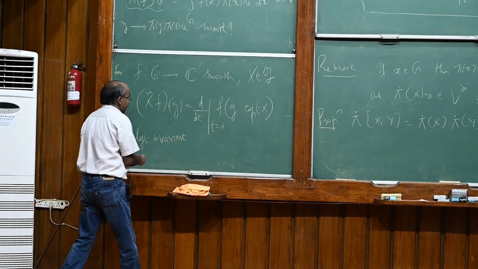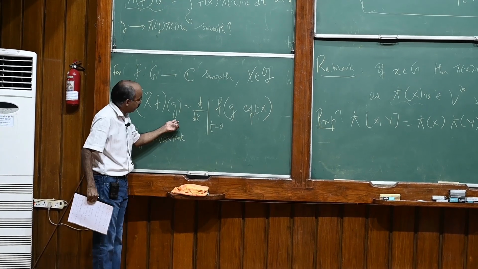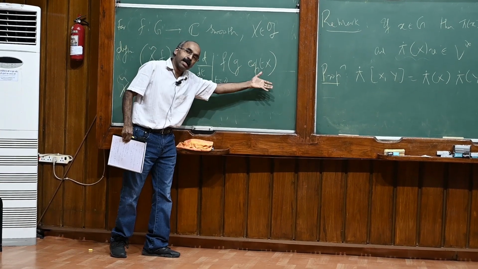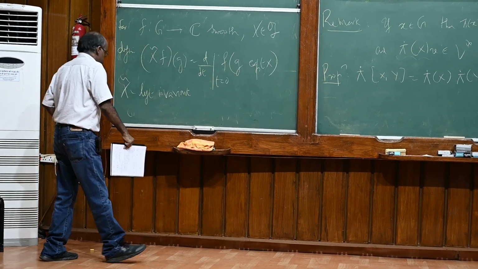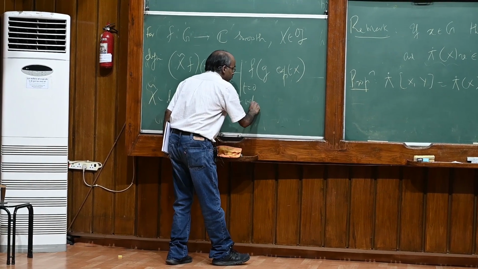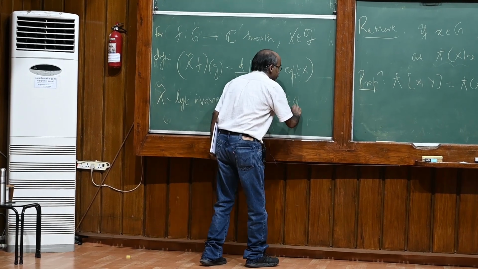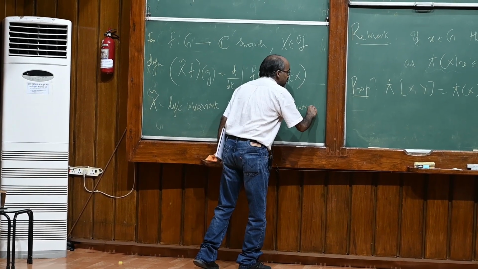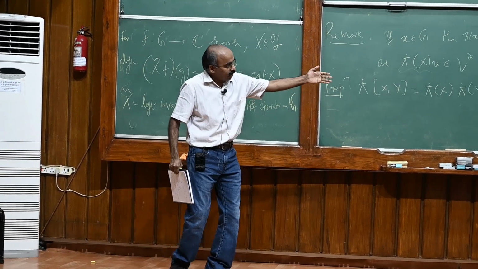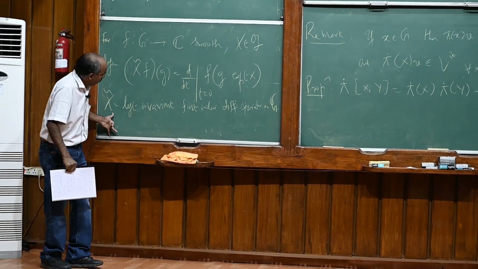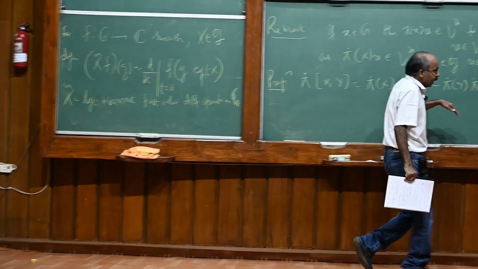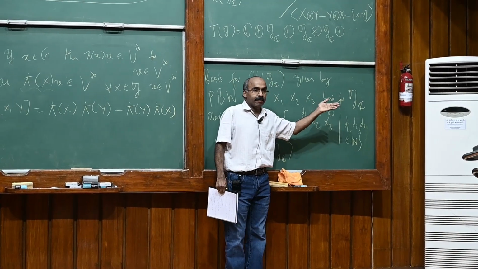So x tilde is a first order differential operator which is left invariant. Left invariant means invariant with respect to the left translations. If I change g to, let's say, hg, that's not going to change. It's like the usual partial derivatives. So the left invariant first order differential operators on G. The x1, x2, x3, the basis will give me those three first order differential operators, and the powers will give me the higher order differential operators.